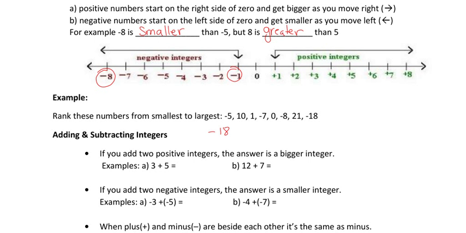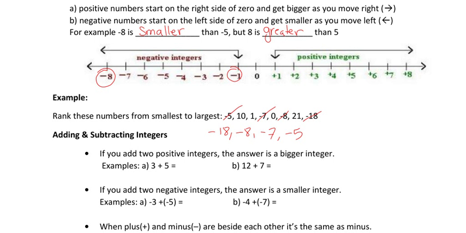Then negative 8, then negative 5. I have no more negative numbers, right?